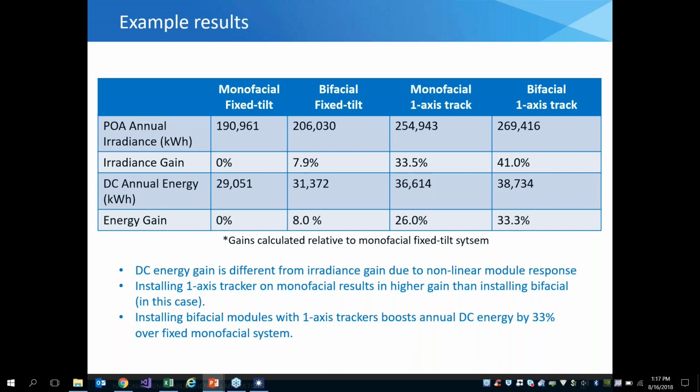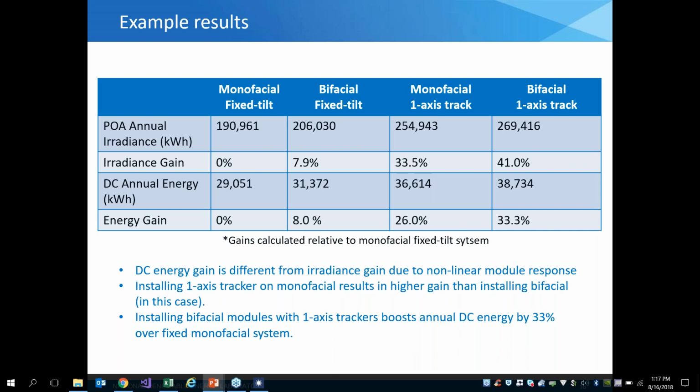And then finally, if you wanted to take it to the next level, if we install bifacial modules with the one-axis tracker, you get an even greater boost, ending up with about a 33% boost in DC energy. What that says for this particular scenario is that, depending on the cost of a bifacial module relative to adding a tracker, you're potentially going to get more energy out of installing a tracker.